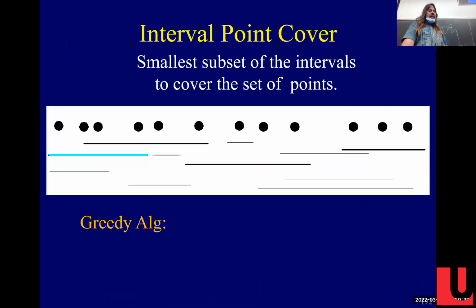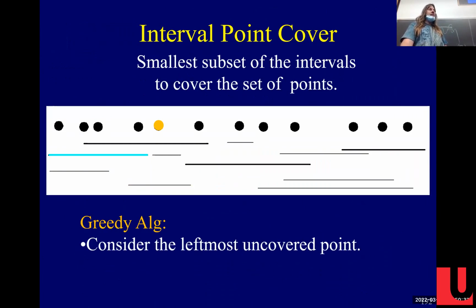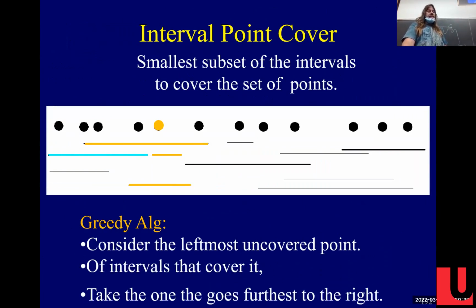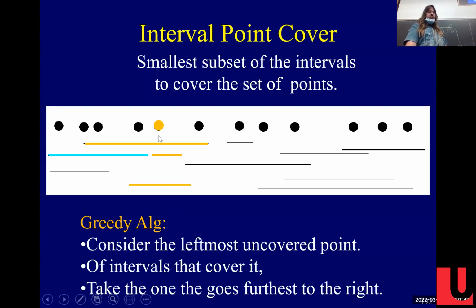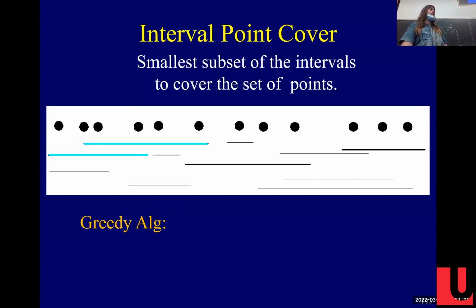Actually, I think the algorithm here, that's the next one. So we get that edge. Of the intervals that cover this point, this is the one that goes furthest to the right. So we took it.